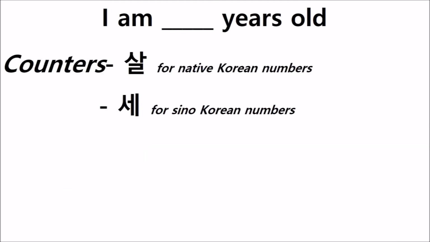Now let's say our age. Did you see my lesson on counters? When you say how many of something there is, you need to use a counter. If we're using native Korean numbers, the counter for age is sal. If we're using Sino, the counter for age is se.